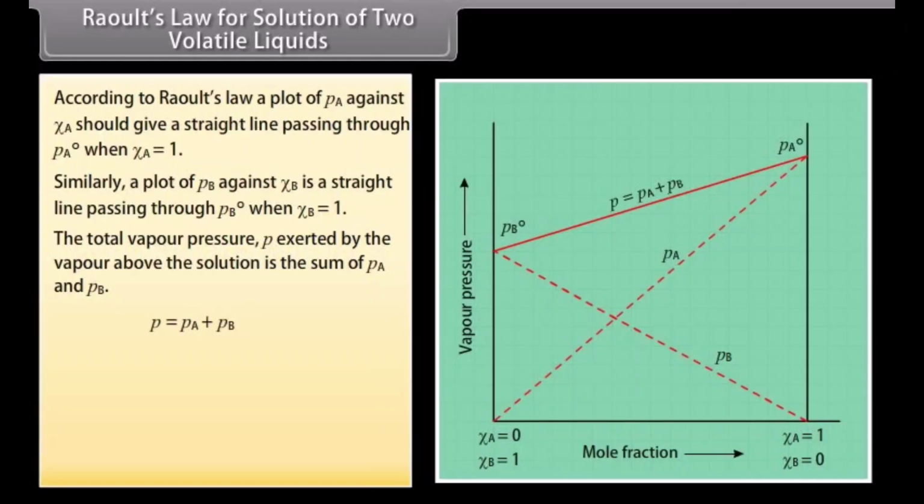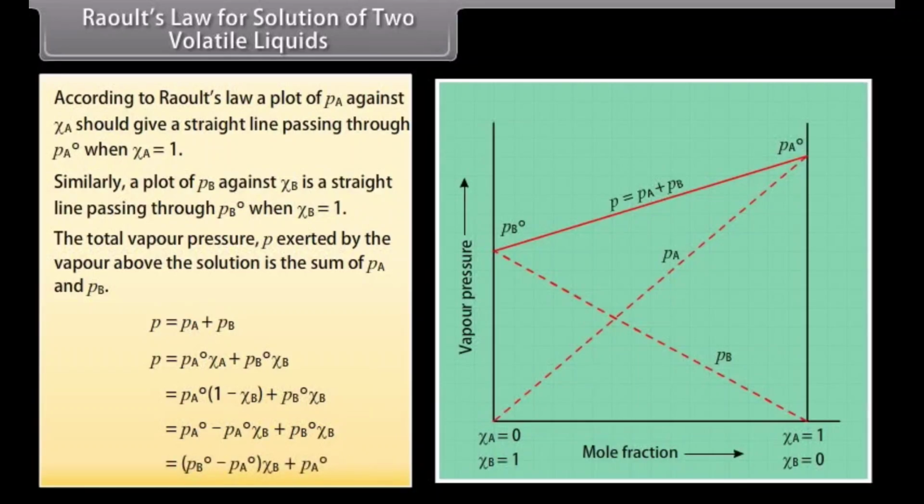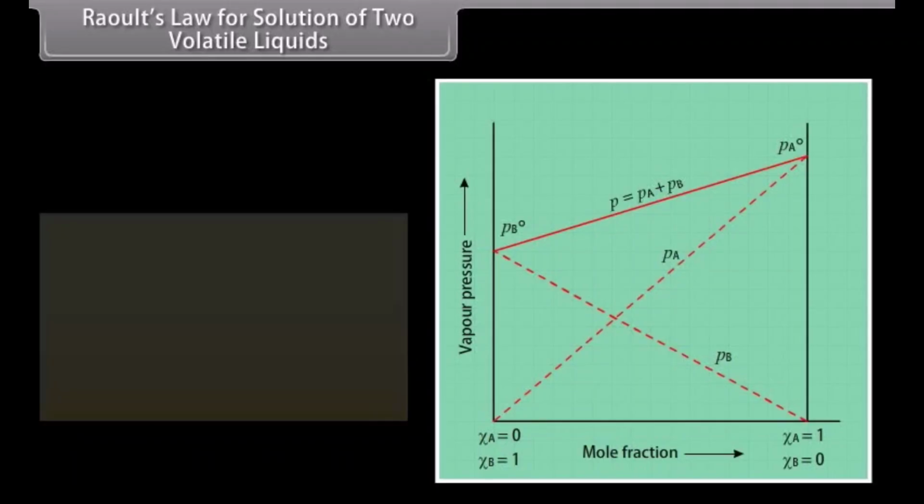P = PA + PB. By putting XA = 1 - XB, we get the relation P = (P°B - P°A) × XB + P°A.